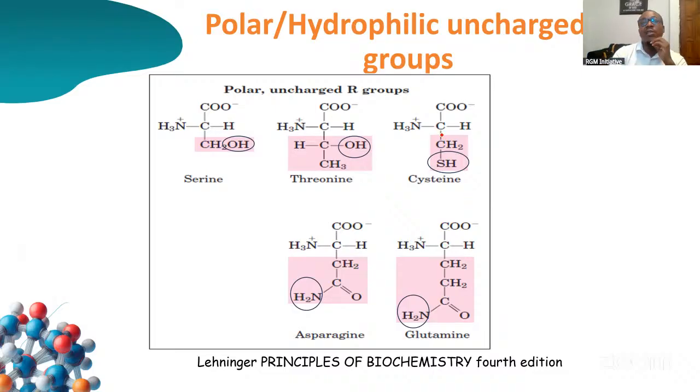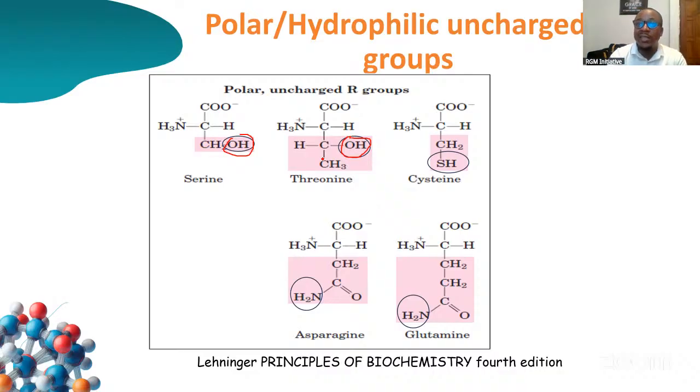Previously when Miss Cynthia was asking me how do we differentiate polar and non-polar? You can see for these molecules here, serine has a hydroxy group. It is polar. Threonine has a hydroxy group. It is polar. The structures of serine and threonine are almost similar.